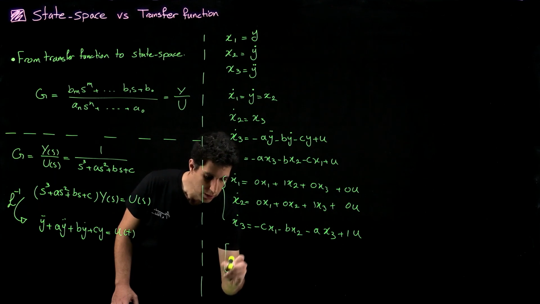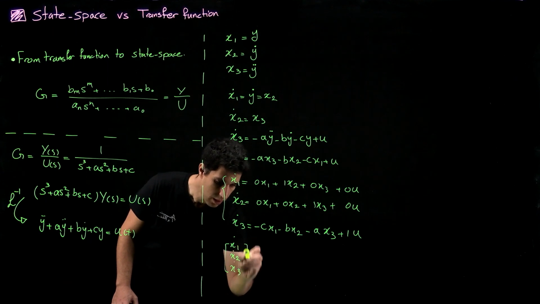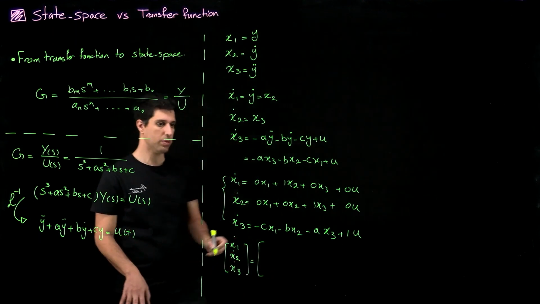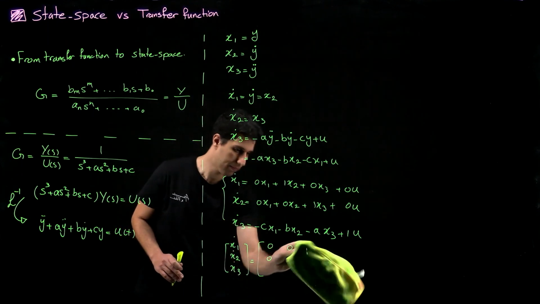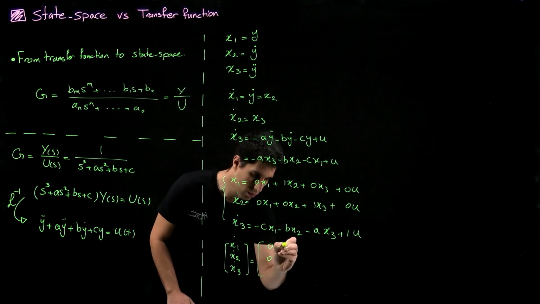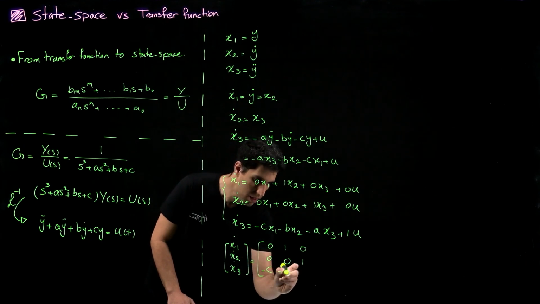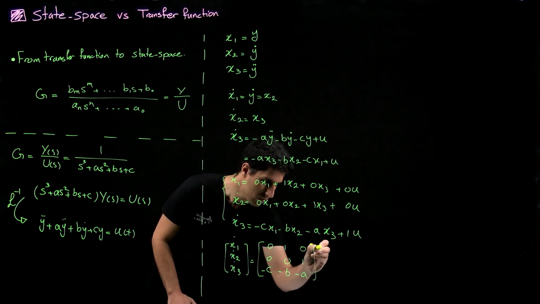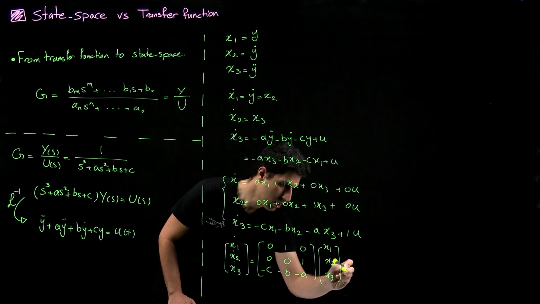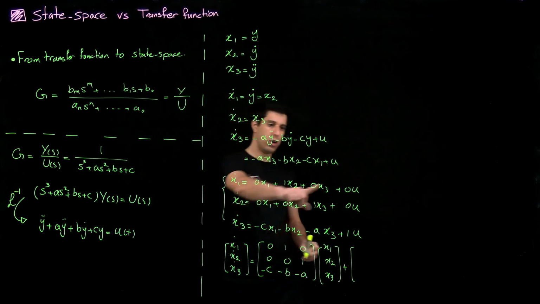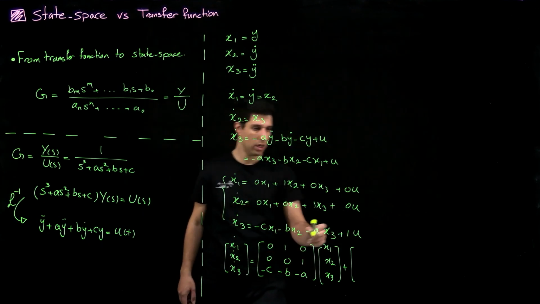So let's put it this way: x dot 1, x dot 2, x dot 3 equals, this is my A, 0, 1, 0, 0, 0, 1, minus c, minus b, minus a, times x1, x2, x3, plus, since I only have one u, a column vector.